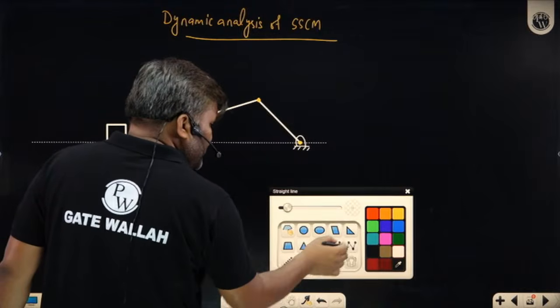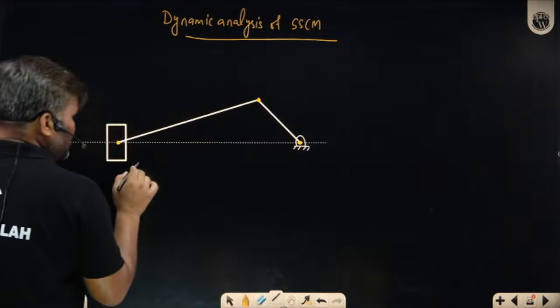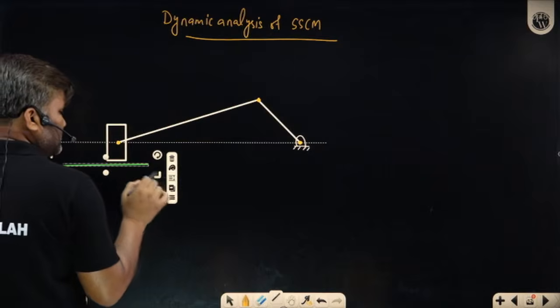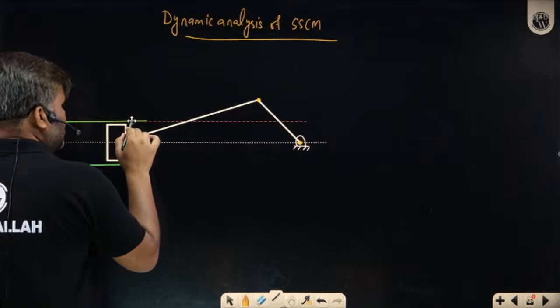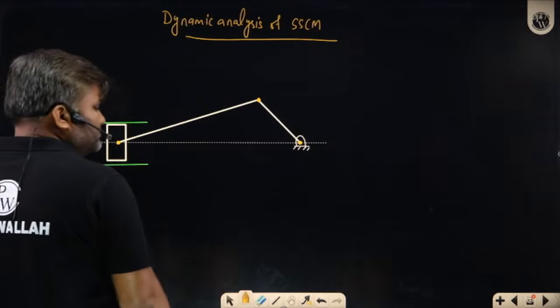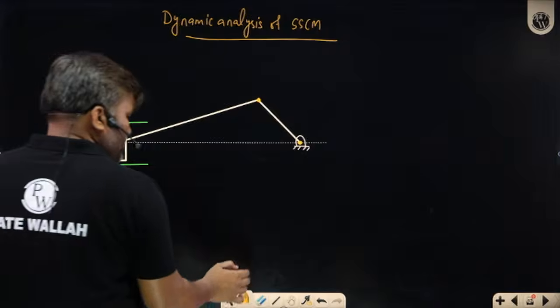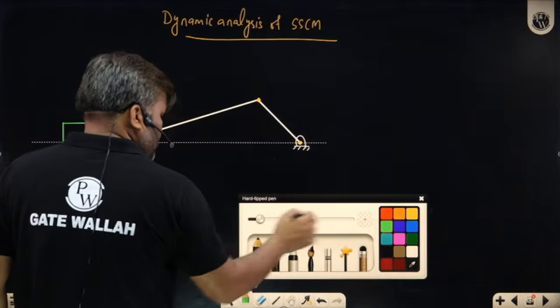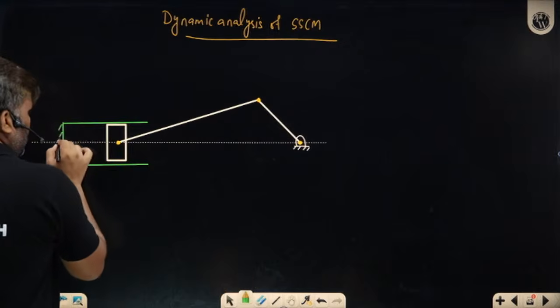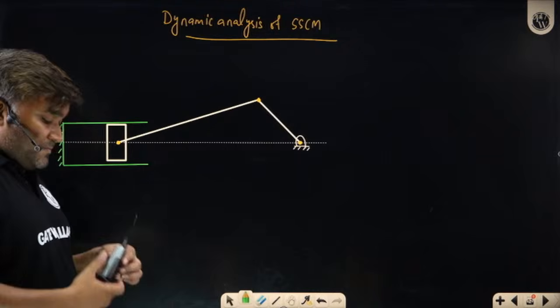And we also have the cylinder. Where is the cylinder? The cylinder is this side. This is how your cylinder is going to look. Something like this is the situation.